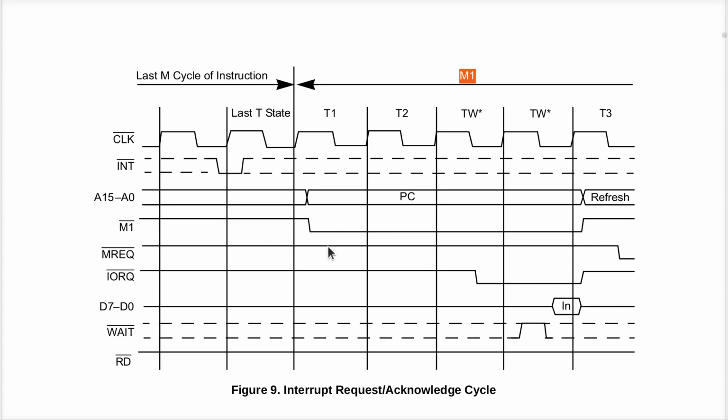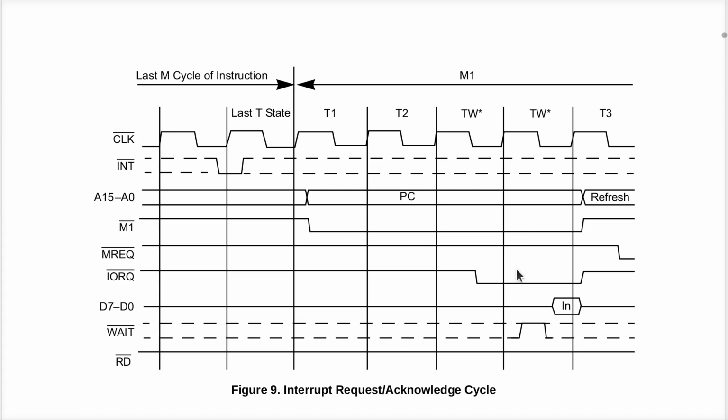M1 goes active, but memory request does not go active here. Neither does the read signal. So it's not going to read from memory. It'll go ahead and send out the program counter because it's going to do that anyway. This doesn't get used for anything. What is special is I/O request will go low during the M1 cycle.